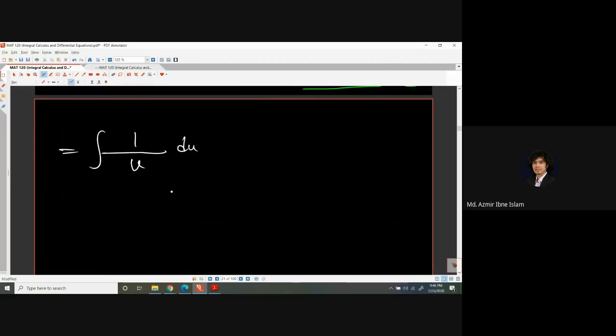So now you know there is a common formula: integration of 1 over x dx is equal to the natural log, ln mod x. You often make a mistake, you just write integration of 1 over x dx is equal to ln x, but that is wrong.